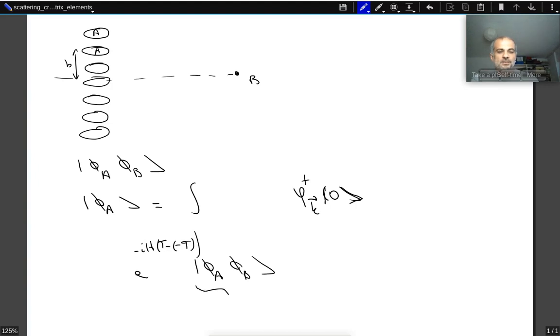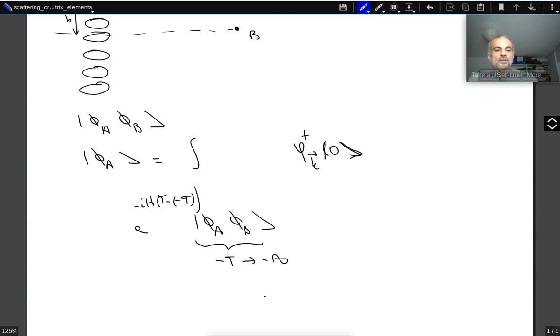So we create this state at minus T, which eventually we will take to minus infinity. We let it evolve, and after the evolution we will ask for the amplitude that this initial state evolves into a final state which will contain n particles. This is what we are trying to calculate as a first step, because once we have this matrix element, then we can calculate the number of particles that will scatter into our detector.